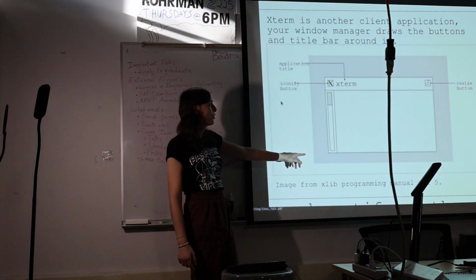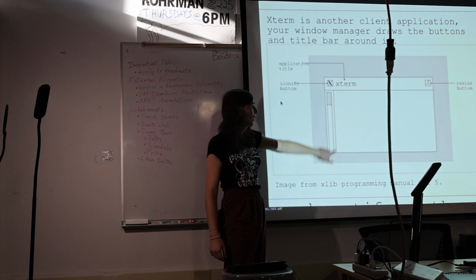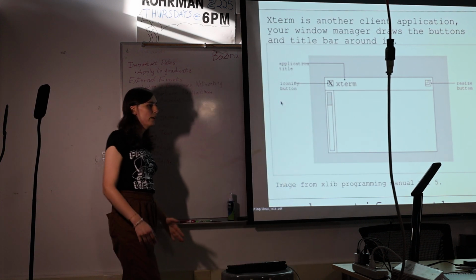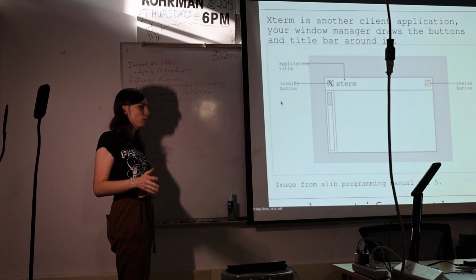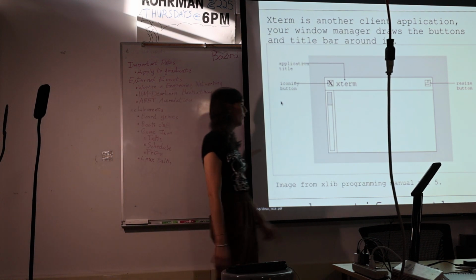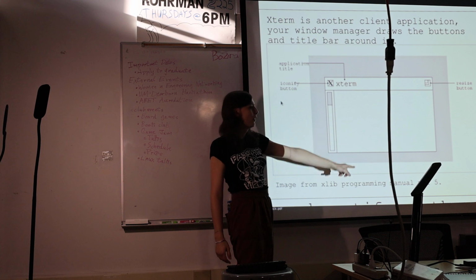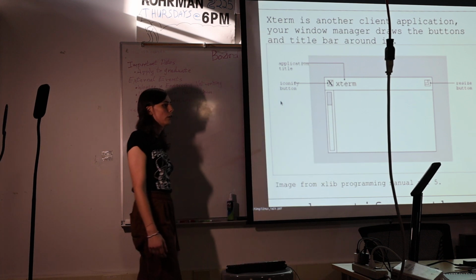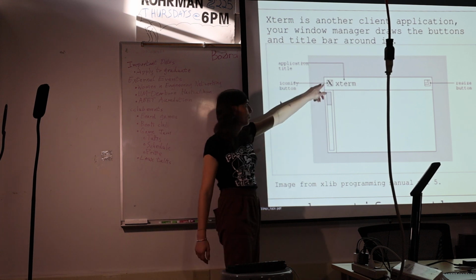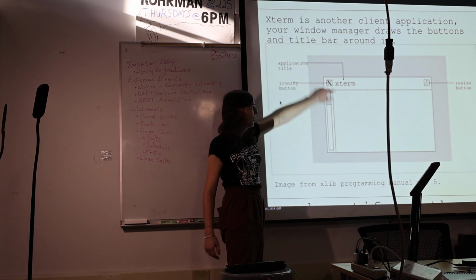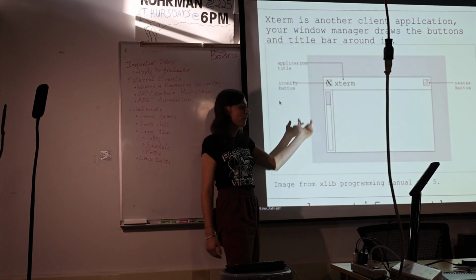So the window manager creates this window frame. It creates that and it reparents the original client window. So when Xterm spawns, it's just this window, and the window manager takes control and reparents the window to become the parent of it. So now the window manager owns this root window, this big window, and it draws a frame around it.